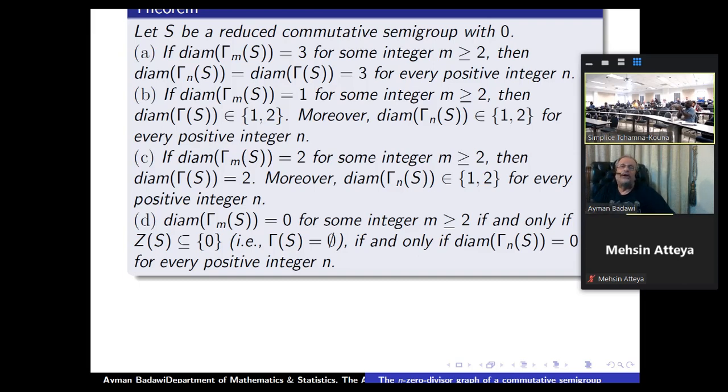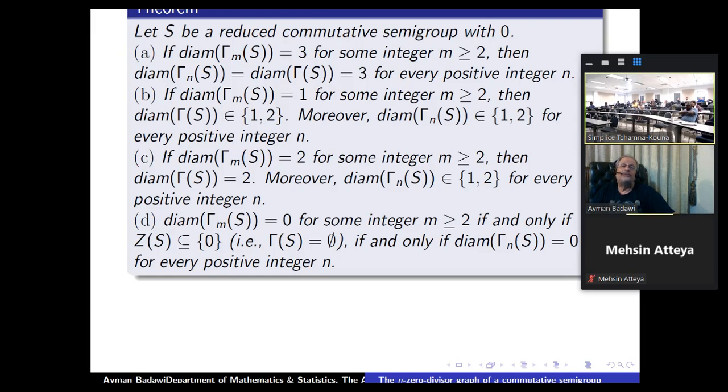If the diameter of the mth zero-divisor graph is 3, then the diameter for any n, if you check that for just one m equal 2 or 3, will always stay 3, and it will equal the diameter of the classical zero-divisor graph. So number 3 is kind of unique, nothing changed.